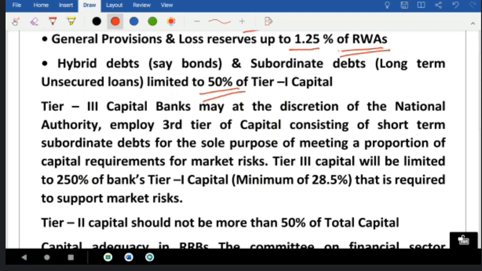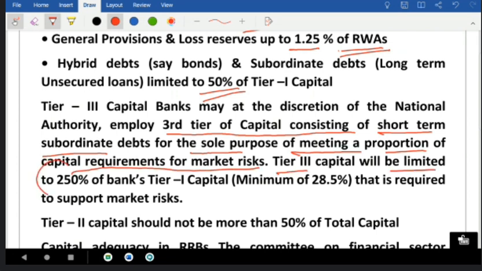Tier 3 capital: a bank may, at the discretion of the national authority, employ third tier capital consisting of short-term subordinated debt for the sole purpose of meeting a proportion of the capital requirement for market risk. Tier 3 capital will be limited to 250% of the bank's tier 1 capital. Okay, so 250% means 2.5 times. That means tier 3 capital will not exceed this.